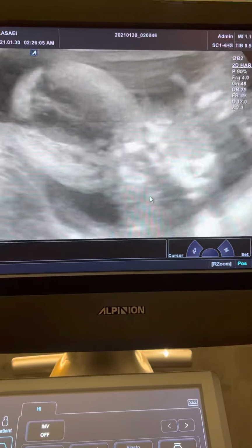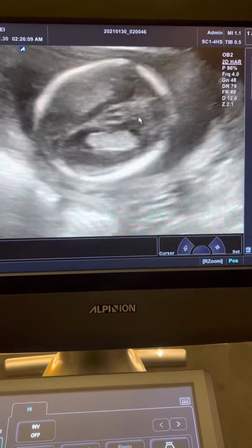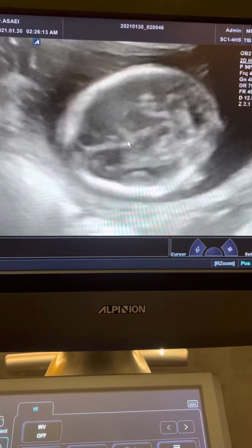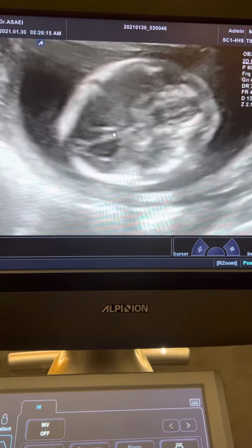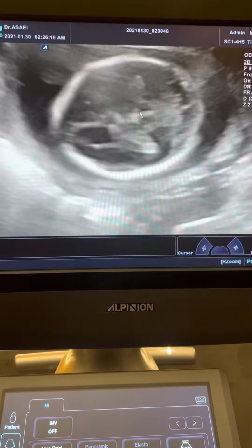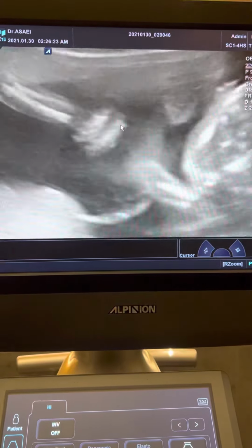So we'll continue to fetus C. Here again we have the brain, lateral ventricles, corpus callosum, of course septum pellucidum, fourth and third ventricles.